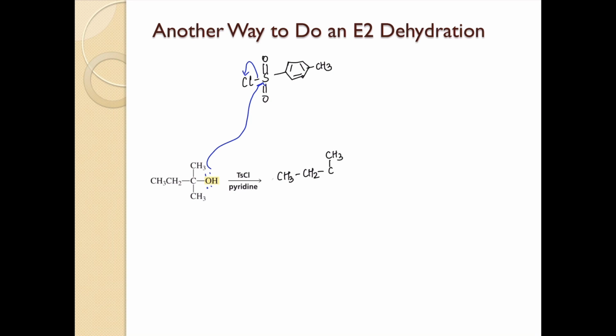And the role of pyridine here again is to abstract the hydrogen on the oxygen, to neutralize the charge on oxygen. The pyridine is going to go grab this hydrogen and thrust the electrons onto oxygen to form a neutral compound.